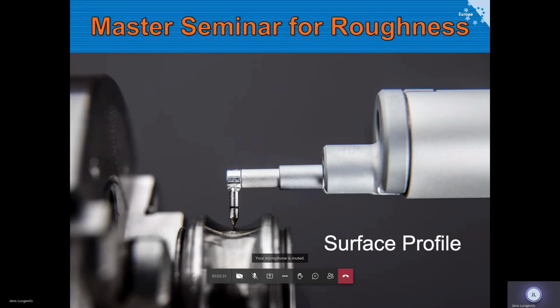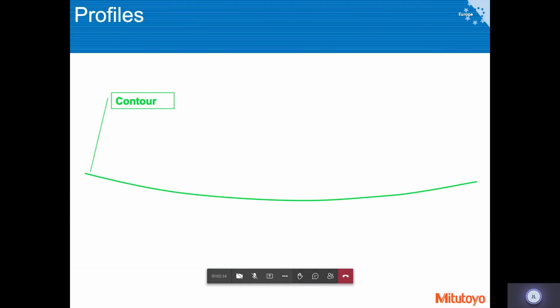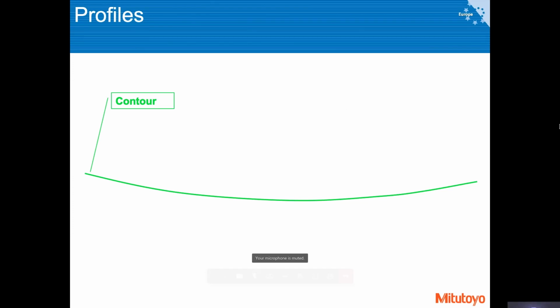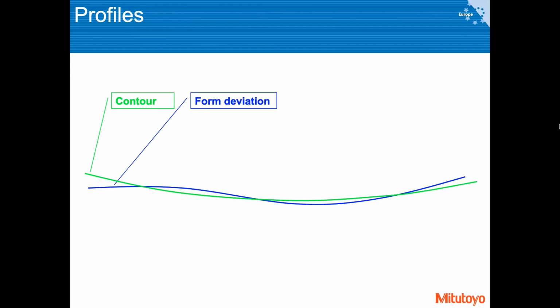So what is surface profile? Because this term surface profile will be used many times if you want to speak about surface roughness, texture, etc. So first thing is we can have a contour line. Contour is basically a large deviation, like a large wavelength. So you can actually imagine the surface simply as an oscillation, and the oscillations with the longest period are called the contours.